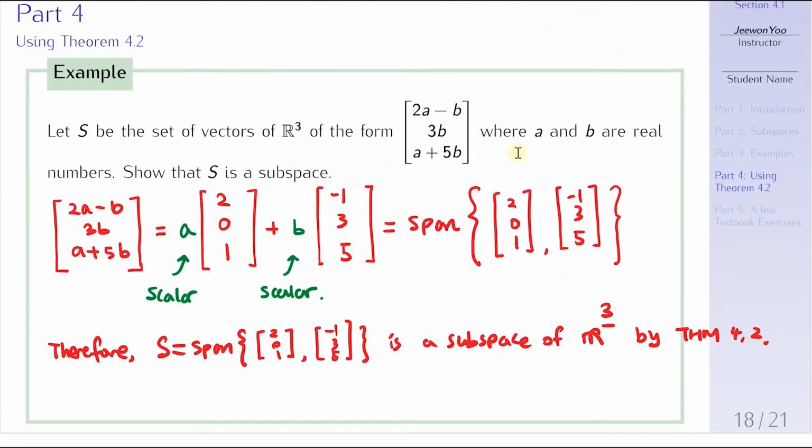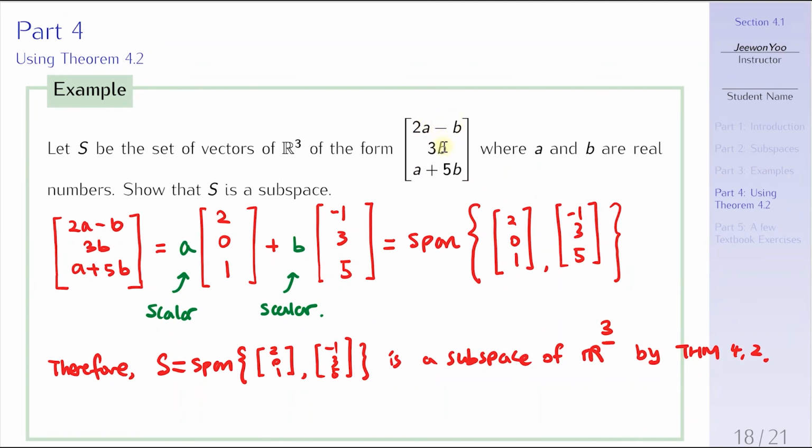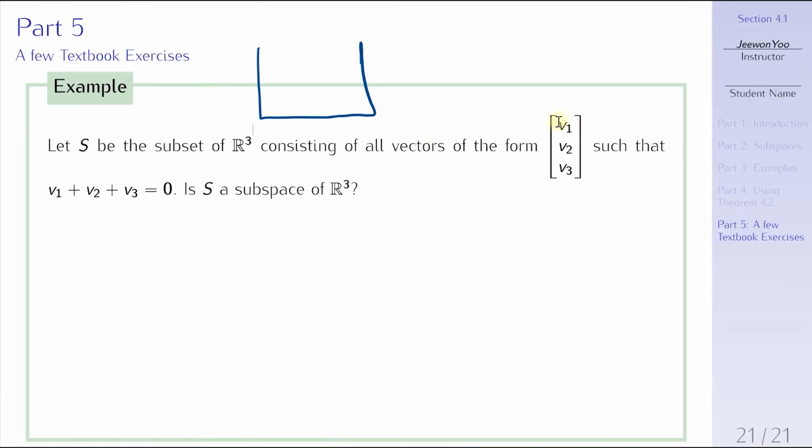Before, a, b acted like the scalars. So it's easier there. But v1, v2, v3 are numbers that satisfy the equation v1 plus v2 plus v3 equals 0. This is different than before.